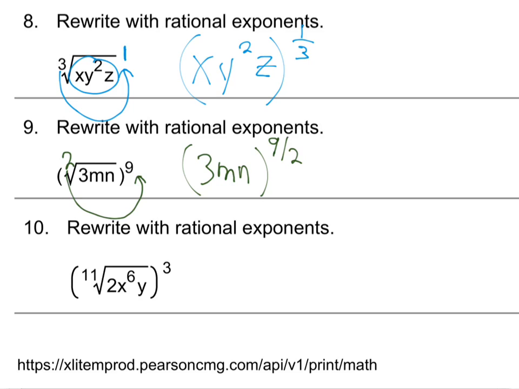The 2 swings into the denominator. Again, the root vanishes, doesn't it? We no longer have a root. We're out of the root language, and we're into the fractional power language. And you've got to put parentheses, because that way you say the whole 3mn is raised to the 9/2 power, not just the last item, the n. You do number 10. Same kind of thing.